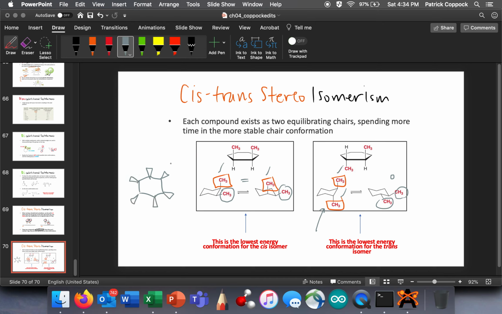Can you see these wedges and hashes? Okay. So it turns out that if this is axial, then this will also be axial, right? Why is that? And this will be axial. Why is that? And this will be axial. You know, I'm not going to tell you. I'd like you to draw these. You should draw these out.